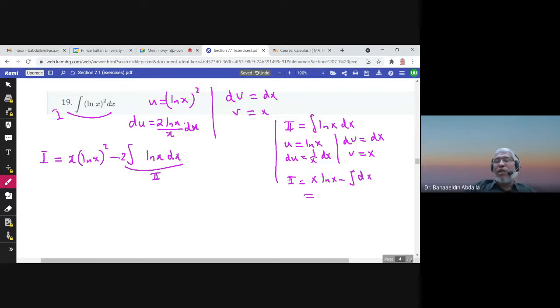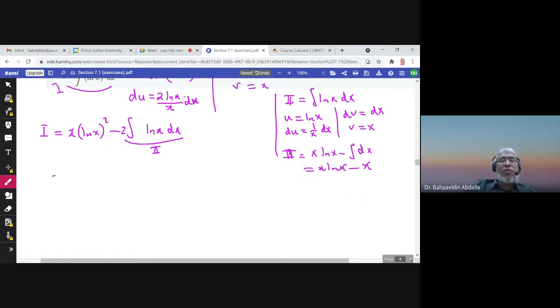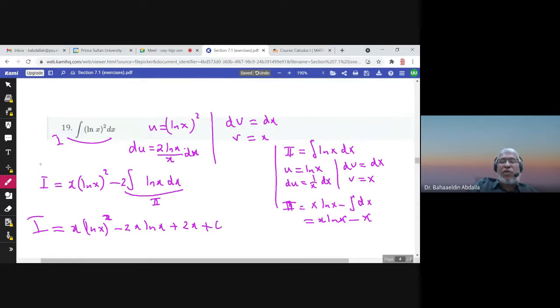So actually, double I is x ln x minus x. All right. So the integral would be x times ln x square, minus 2 times this. So it would be negative 2x ln x, and minus 2 times minus x would be plus 2x plus c. This would be the integral of ln x to the power 2.